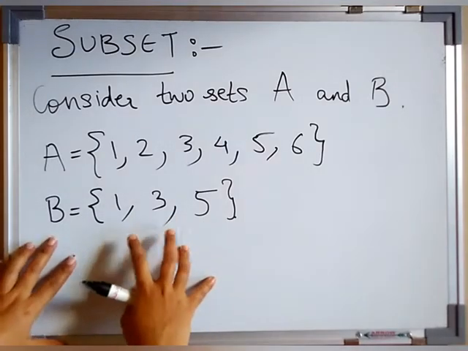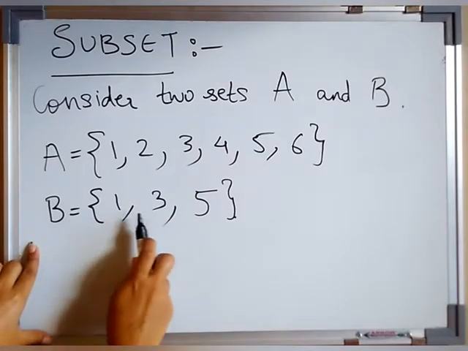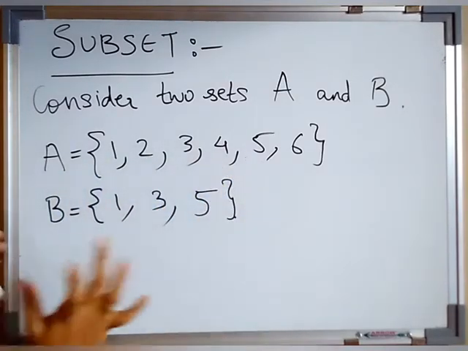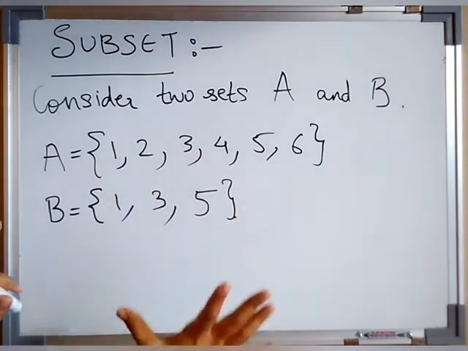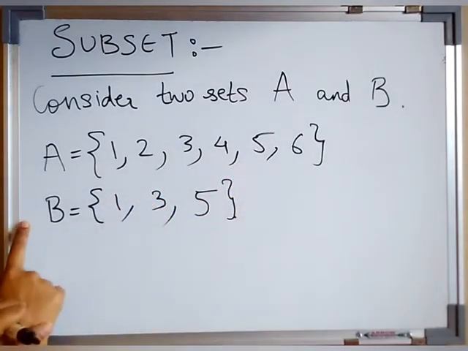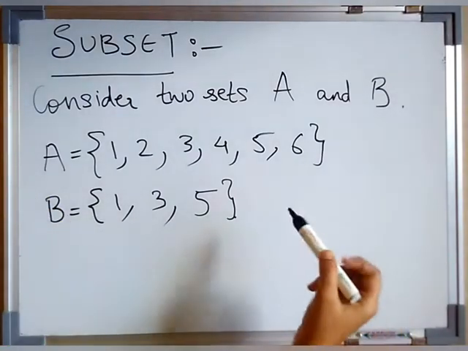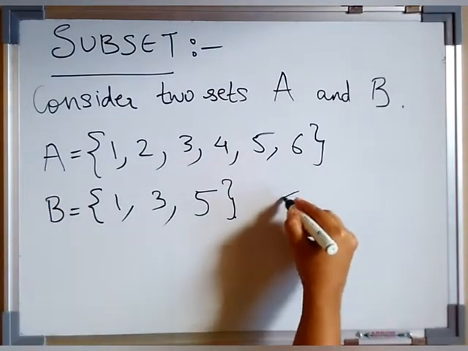Now if you observe, every element in B is also in A. That means B is a small part of A. So we will call B a subset of the set A. Now using a Venn diagram, how will I represent it?